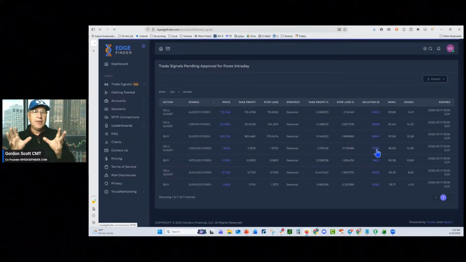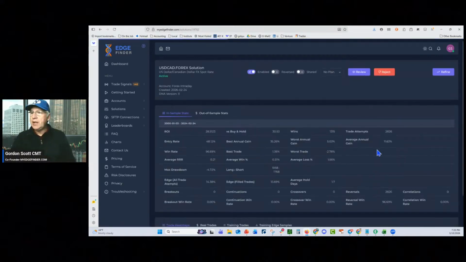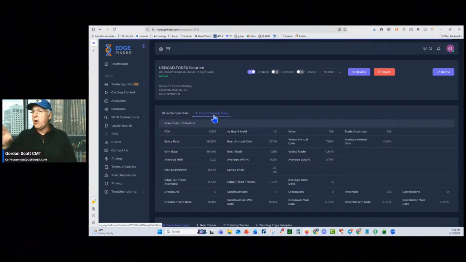What Edgefinder does is it creates a set of rules, backtests them for 20 years, then trades them forward in real time for 2 years, and then we get the statistics as a result of that. So here's the in-sample statistics. The ones we really care about are the out-of-sample stats. This trade has an average reward-to-risk ratio of 0.2.